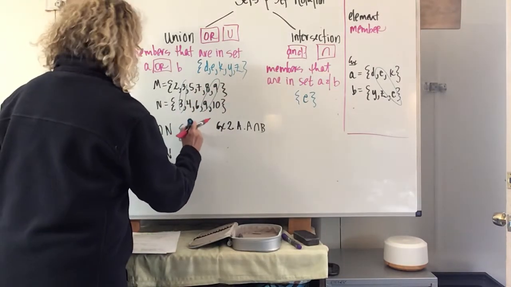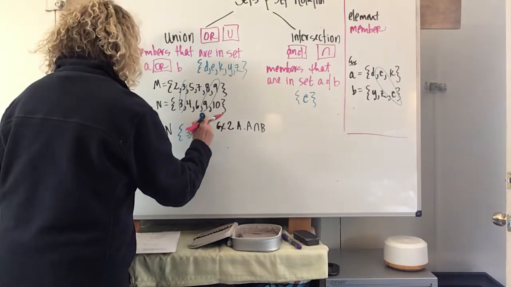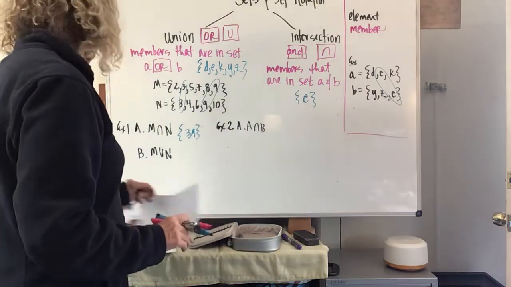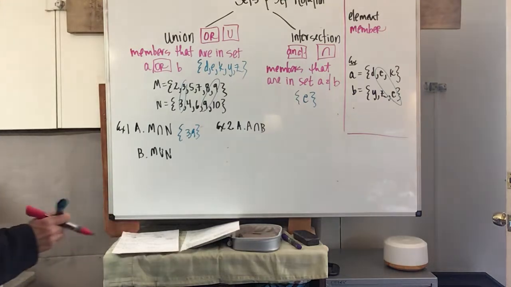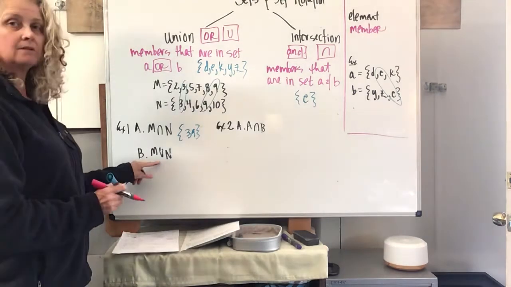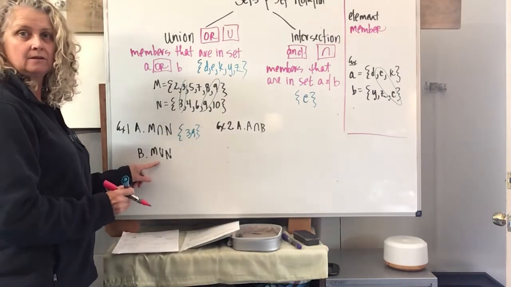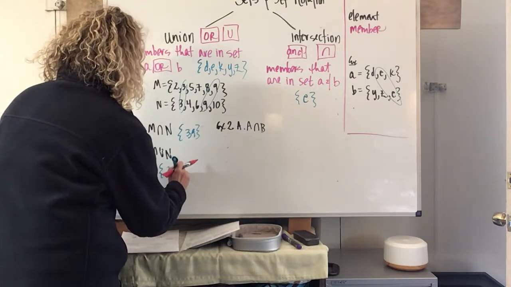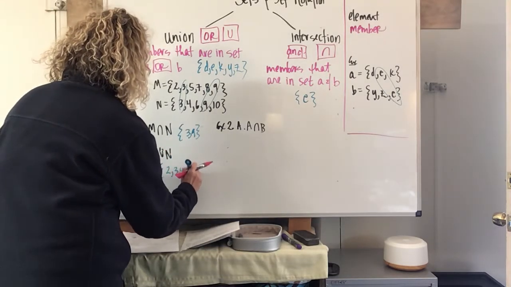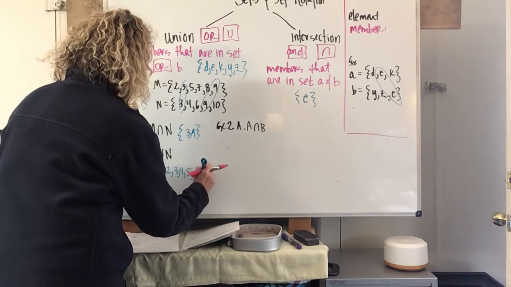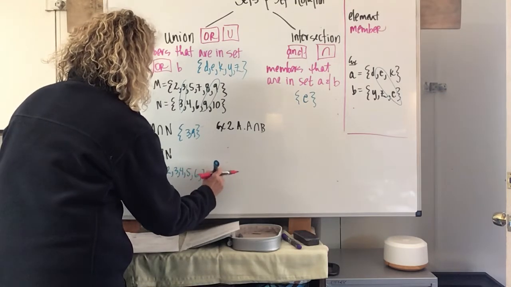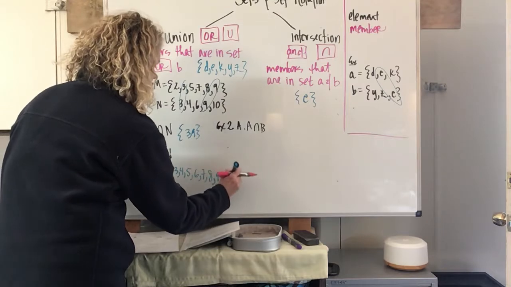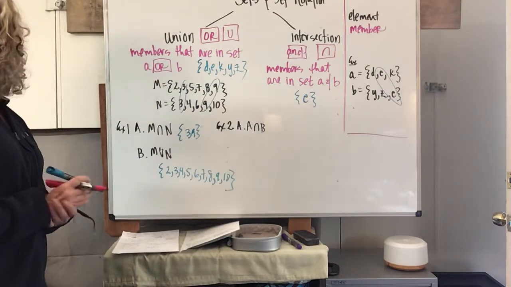So that would be a 3 and a 9. Looking at the next one, it is a union. So in this case, it would be a 2, 3, 4, 5, 6, 7, 8. And that would be the union.